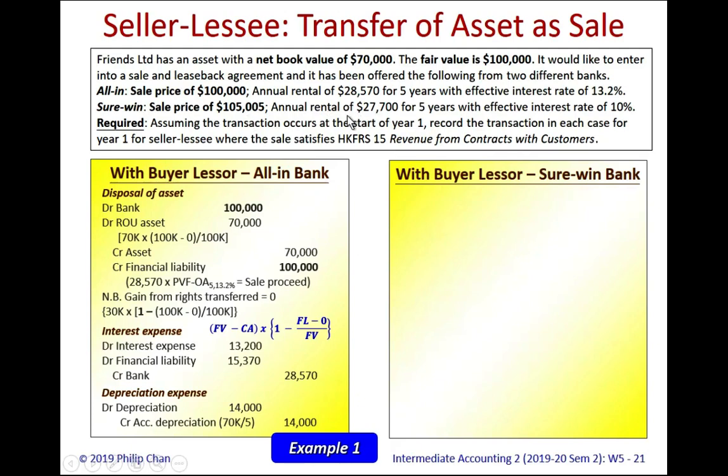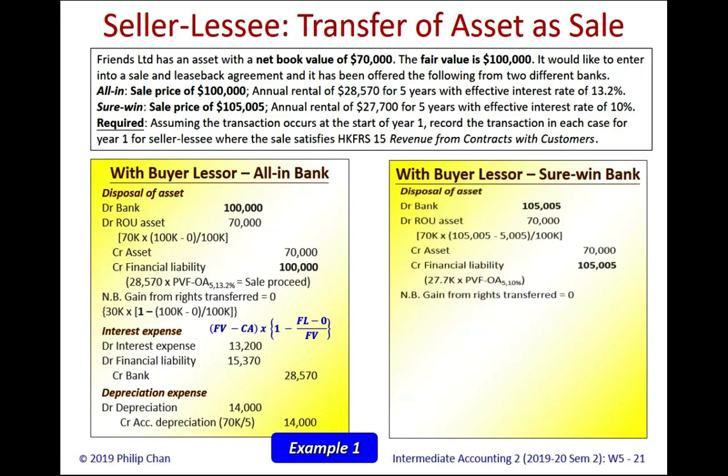If you did not have that figure, you cannot conclude whether you have a gain from rights transfer. Okay, but do you have artificial gain in this case? Well, the answer is yes, because artificial gain is comparing sales price with fair value, and you should have an artificial gain of $5,005. Okay, this is just a little bit of recap before we move on.